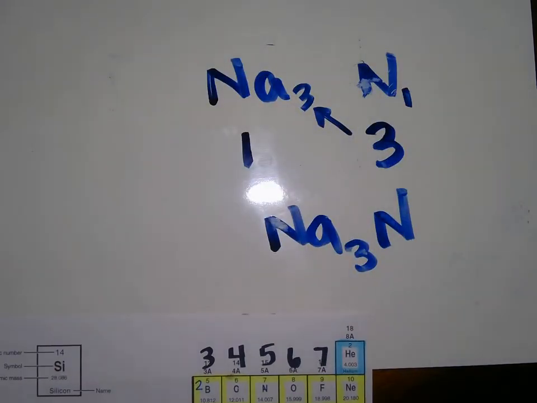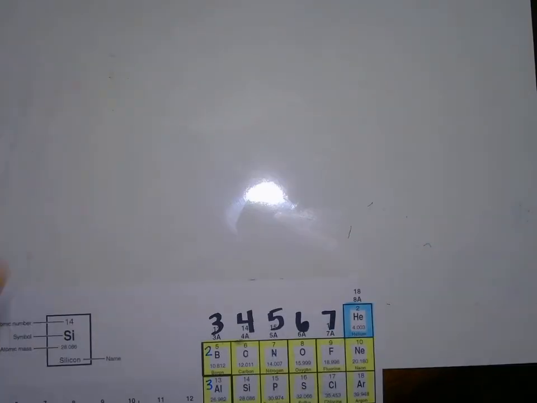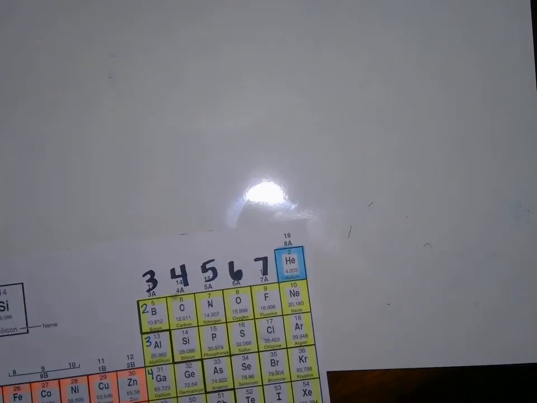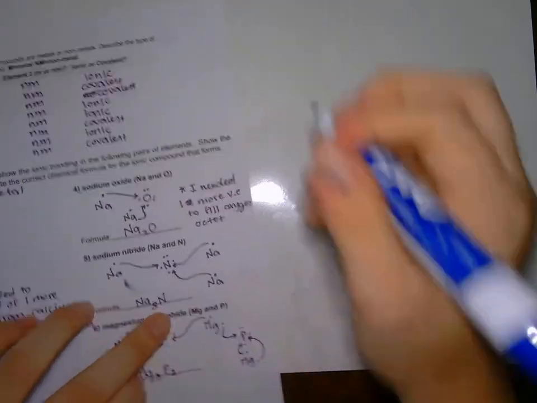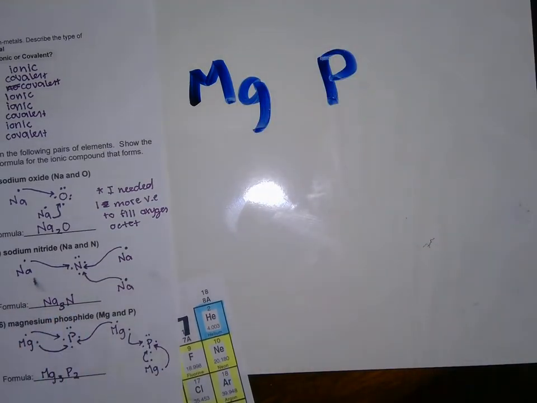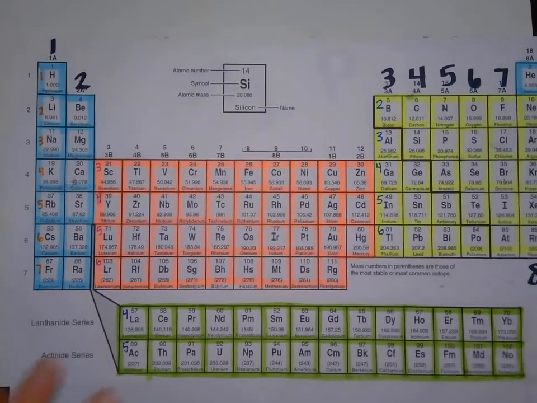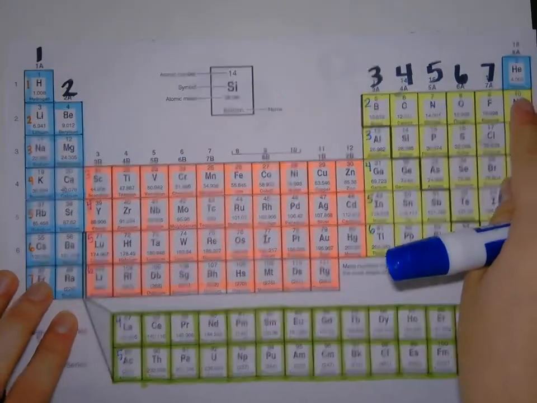Let's do another one. Let's do magnesium and phosphate, which is what they were having you do. On the periodic table, magnesium is 1, 2 spots away from a noble gas.